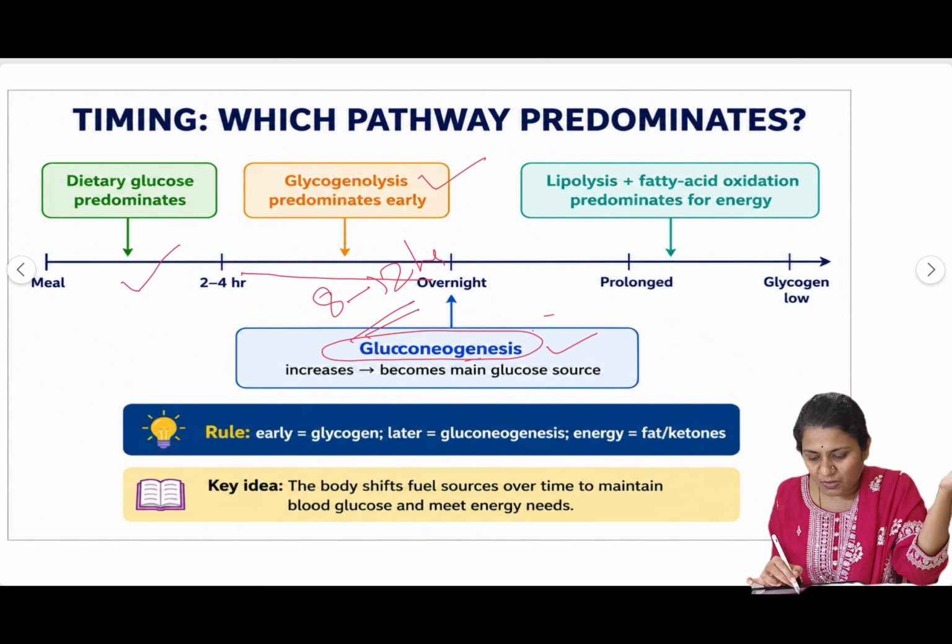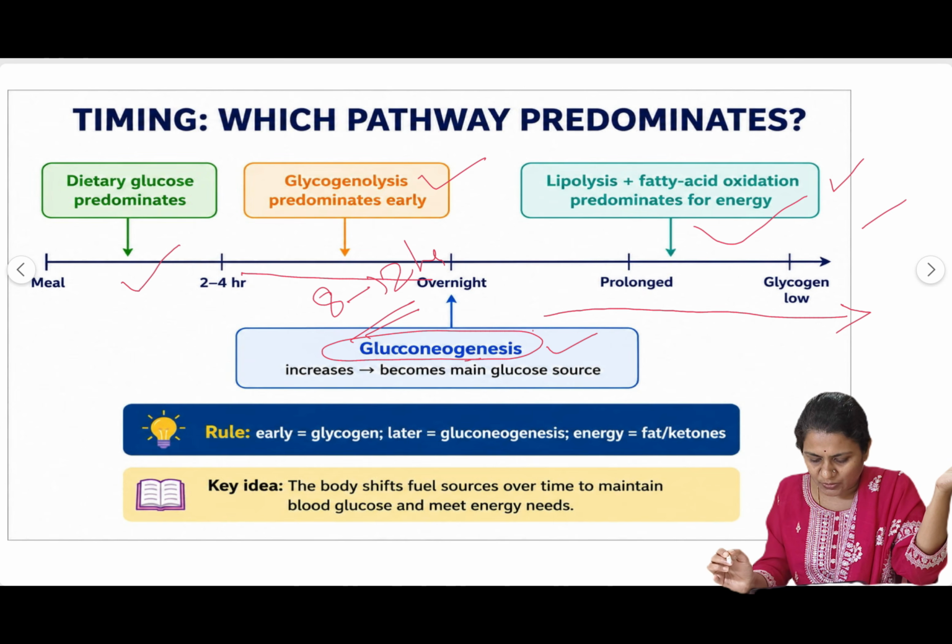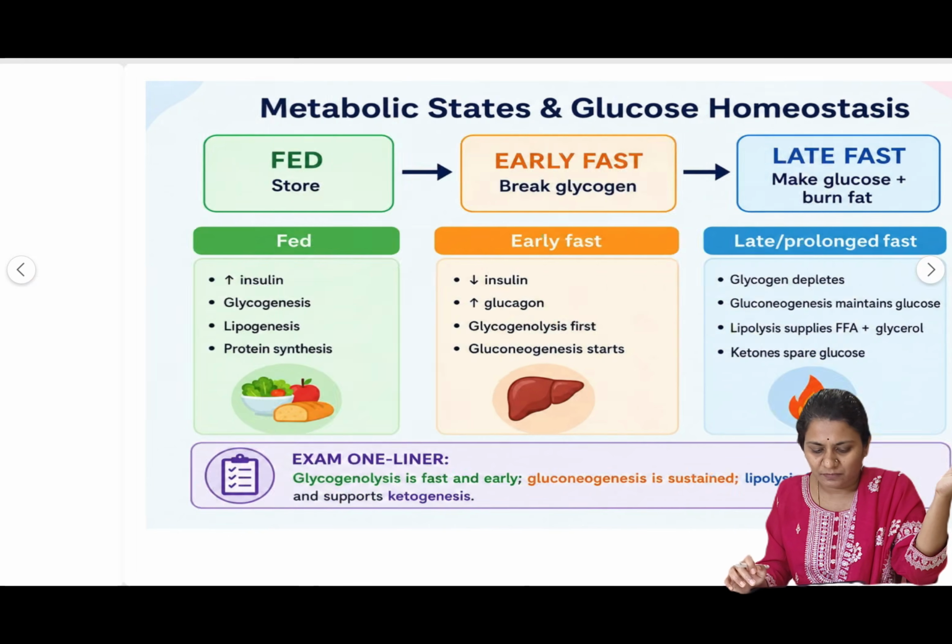If there is still prolonged fasting, the child has not consumed anything, what is going to happen? There is lipolysis. That is, fatty acid oxidation will predominate as the energy source. Ketone bodies will act as a source of energy for prolonged fasting.